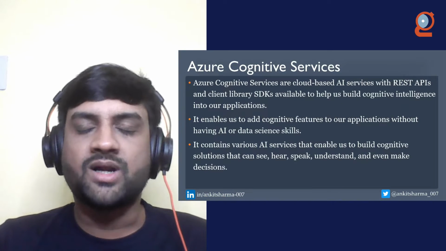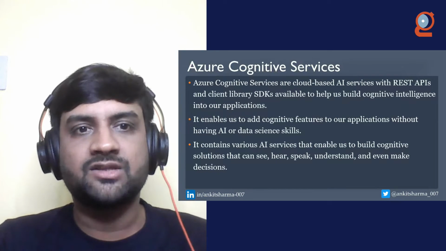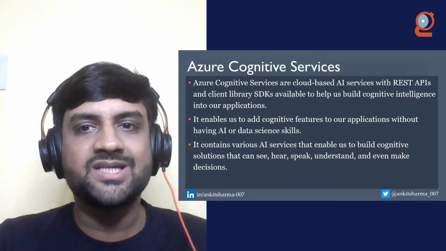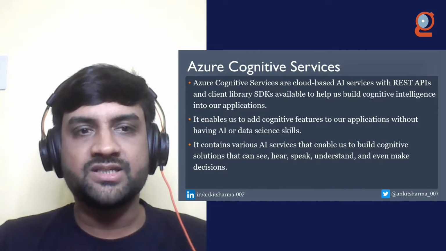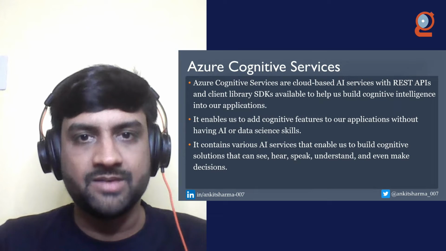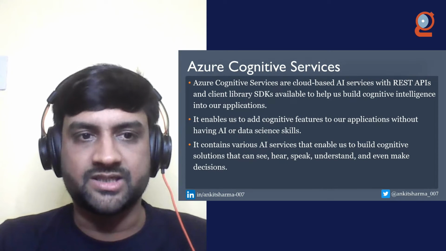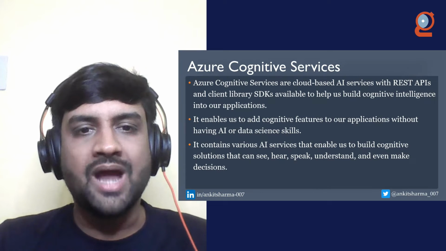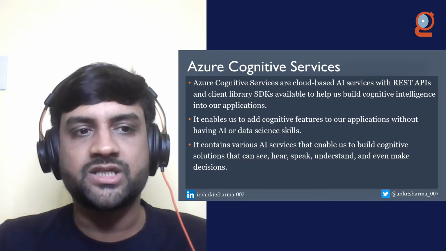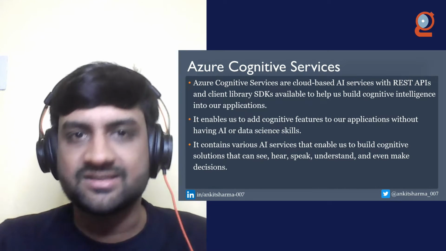So let us understand what Azure Cognitive Services are. Azure Cognitive Services are cloud-based AI services with REST APIs and client library SDKs available, which help us build cognitive intelligence into our applications. They allow us to add cognitive features to our applications without having AI or data science skills.